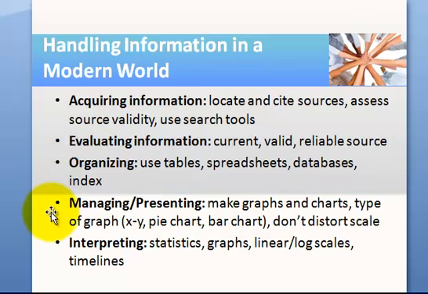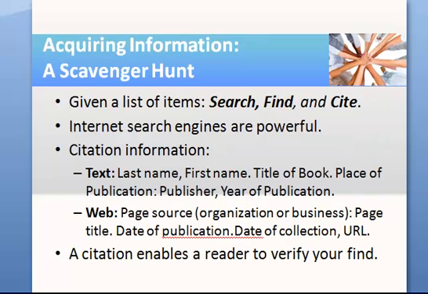We can manage it with various presentation and graphing techniques, and we can interpret it with some statistical analysis or graphs and timelines. So a lot of different ways we can take data and turn it into usable information.